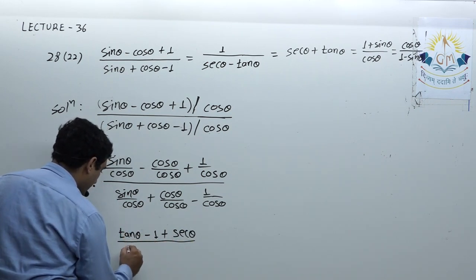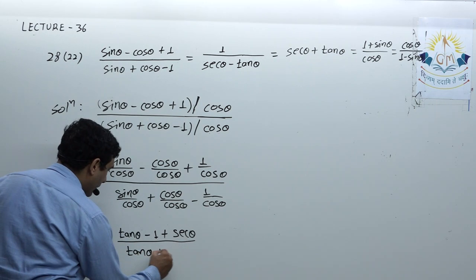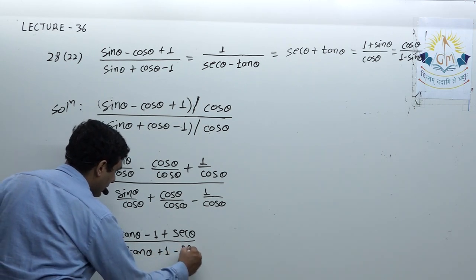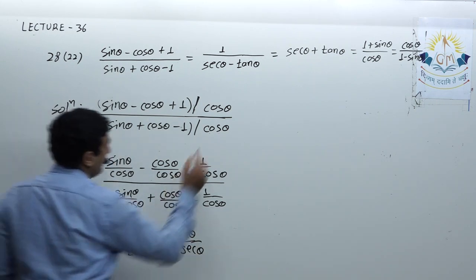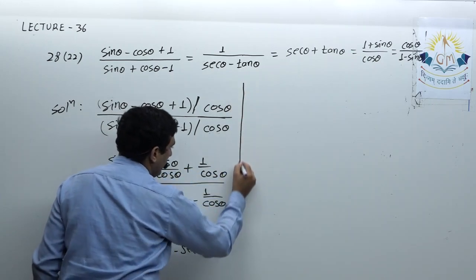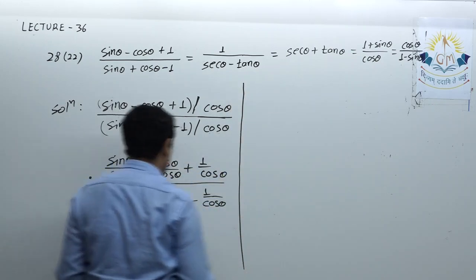Sin theta upon cos theta, that is tan theta, plus 1 minus sec theta. Now do write these trigonometric ratios together in the numerator and in the denominator.